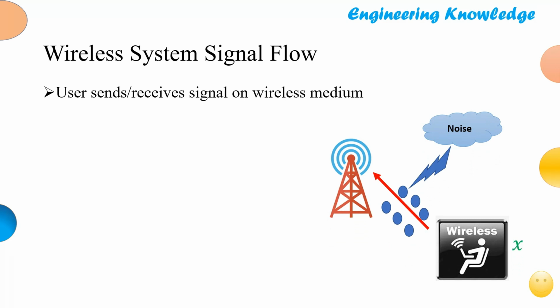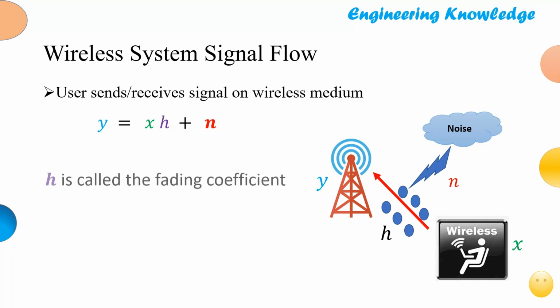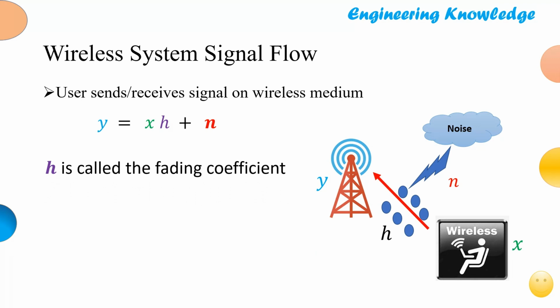The information is x, the fading is h, and the noise is n, and the signal received is y. So y is given as h into x plus n, where h is called the fading coefficient, the narrowband approximation of the channel. You can see my links in the comment section, and you will find that all this has been discussed in previous videos. And h and n both are random in nature.